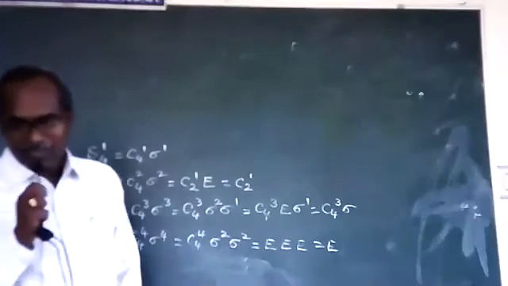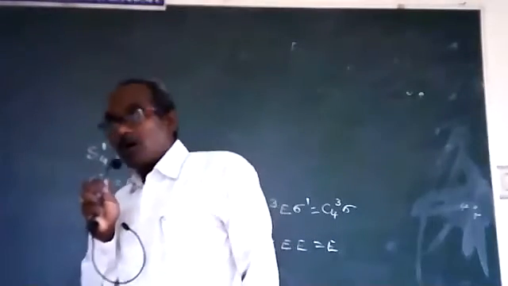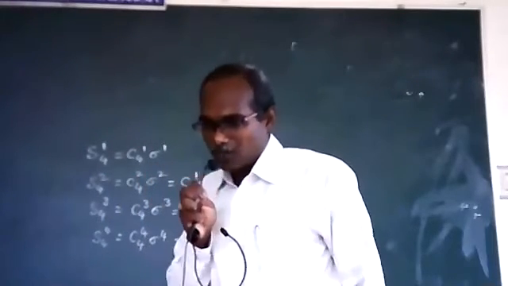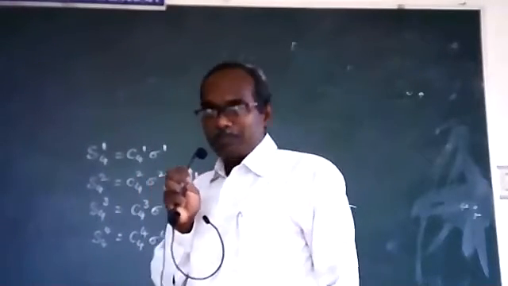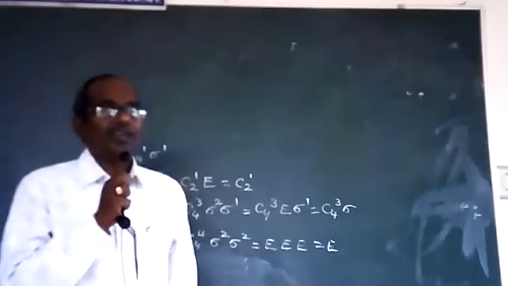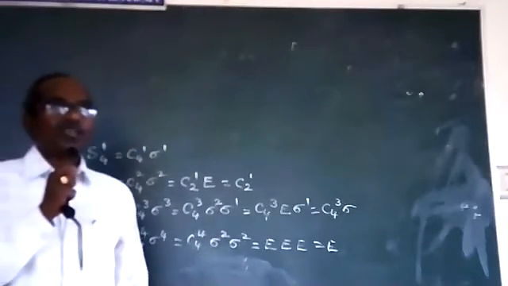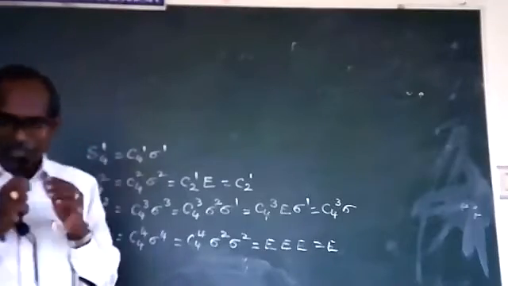Now we are going to the real group theory. The symmetry operations present in a molecule will form a mathematical group. First of all, you should understand what is a group. Group means a set of members or set of entities which have the following characteristics.